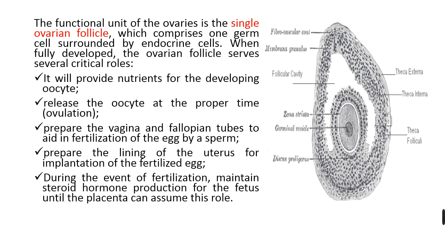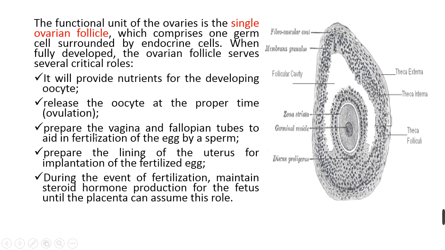When fully developed, the ovarian follicle serves several critical roles. It will provide nutrients for the developing oocyte. It will release the oocyte at the proper time, which is the time of ovulation.